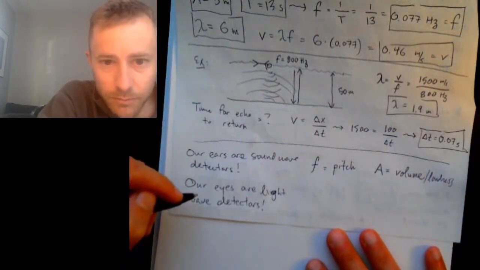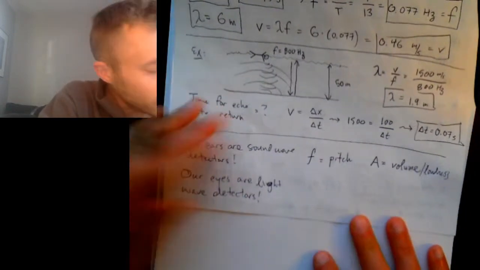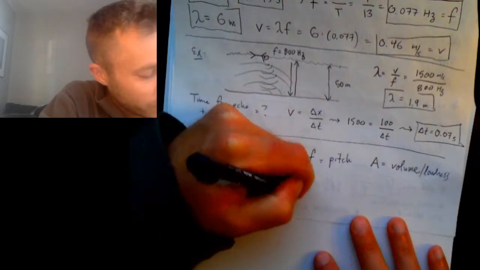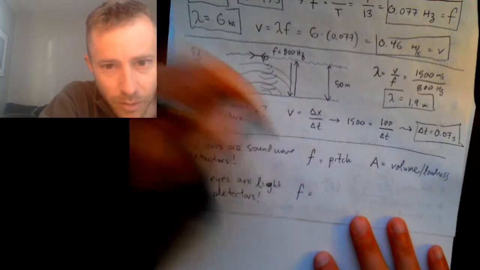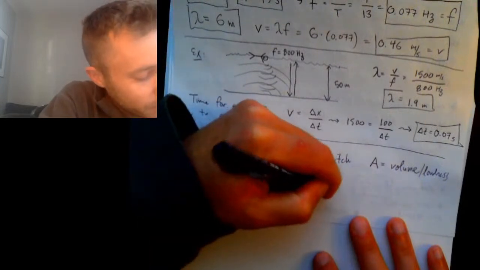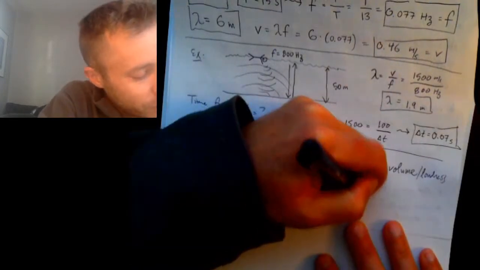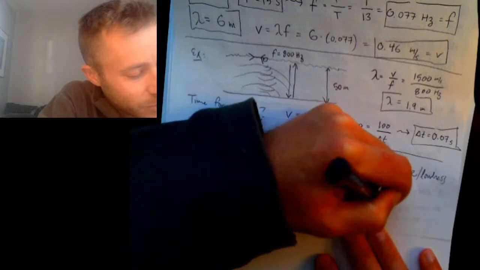For light waves, we perceive the frequency of the light wave as its color. All right? And we perceive the amplitude of a light wave as its brightness.